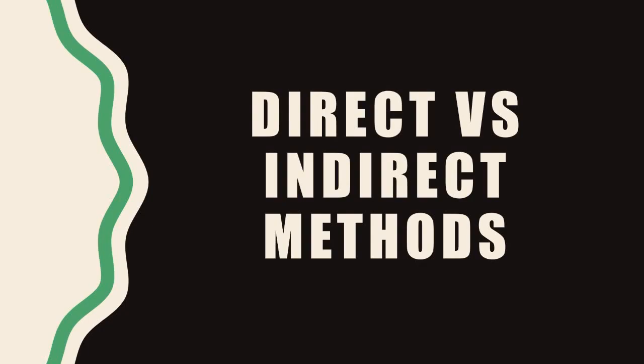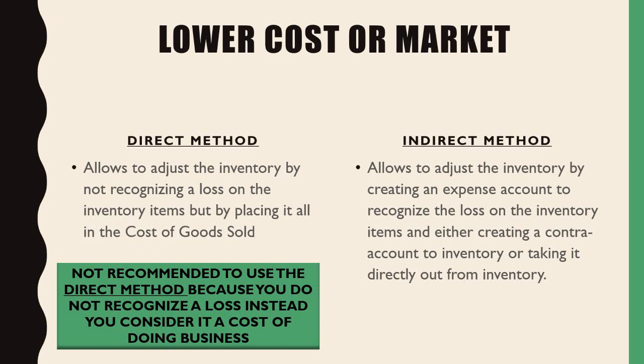Okay. So what happens when you actually figure out which one's lower, the original cost or the market cost, right? Because this class is a bookkeeping class, I have to show you how you adjust it through journalizing. So we have the direct versus the indirect method of recording this lower cost or market, okay? Now the direct method, okay?